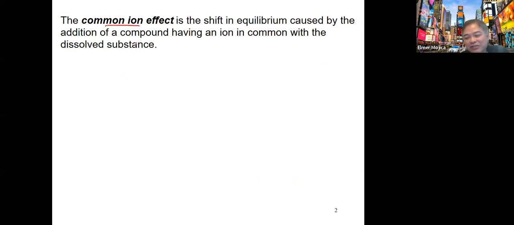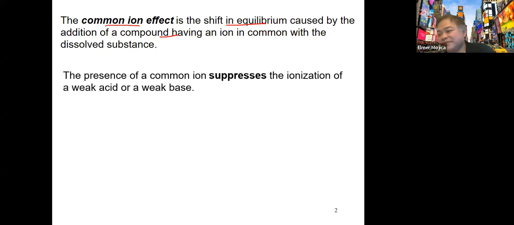Whenever we have a common ion effect, there's a shift in the equilibrium caused by the addition of a compound having an ion in common with the dissolved substance. So for instance, when you add a common ion to the product, it favors the backward reaction. When that happens, it suppresses the ionization of the weak acid or weak base.